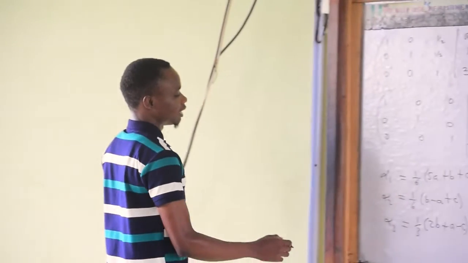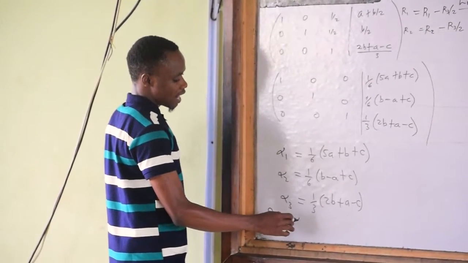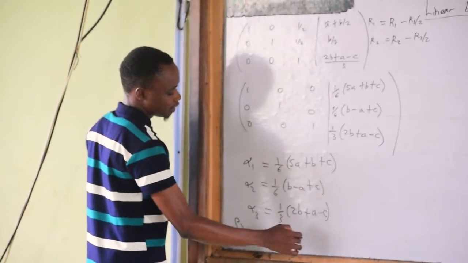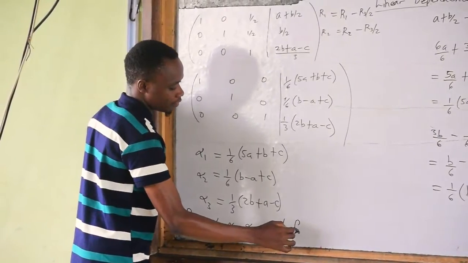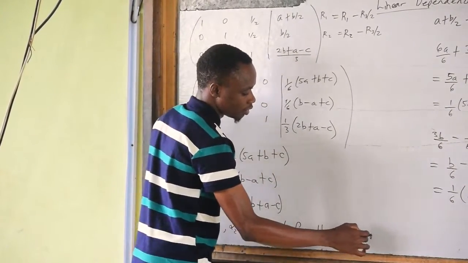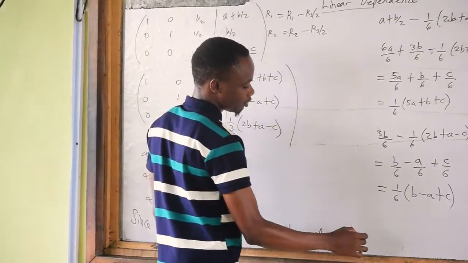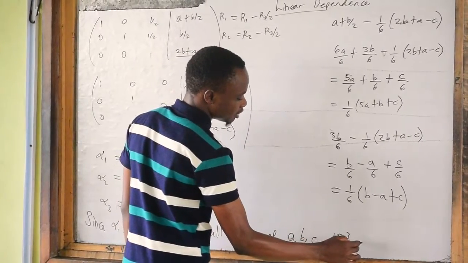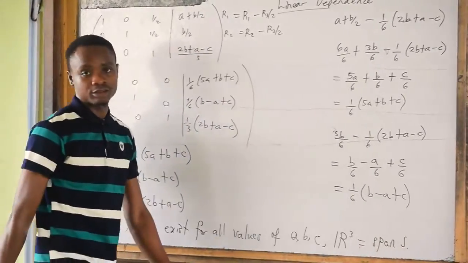So we say that obviously, since alpha 1, alpha 2, and alpha 3 exist for all values of A, B, C, R3 is indeed equal to the span of S. You get that?